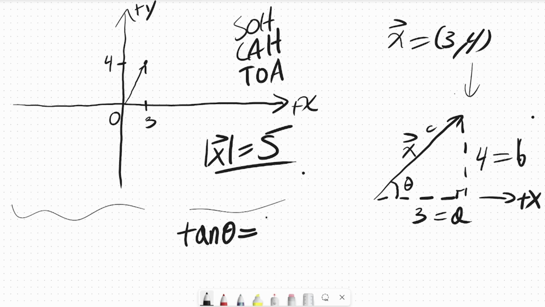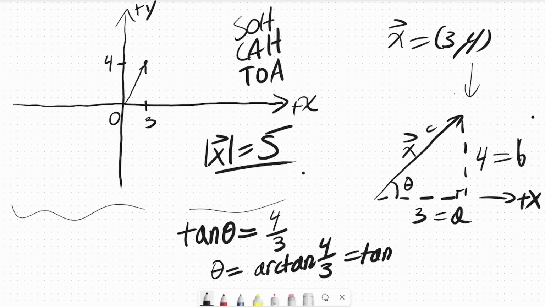So it's going to be 4 over 3. That means that theta is going to be arctan of 4 over 3, or tan inverse, and this is approximately 53 degrees.